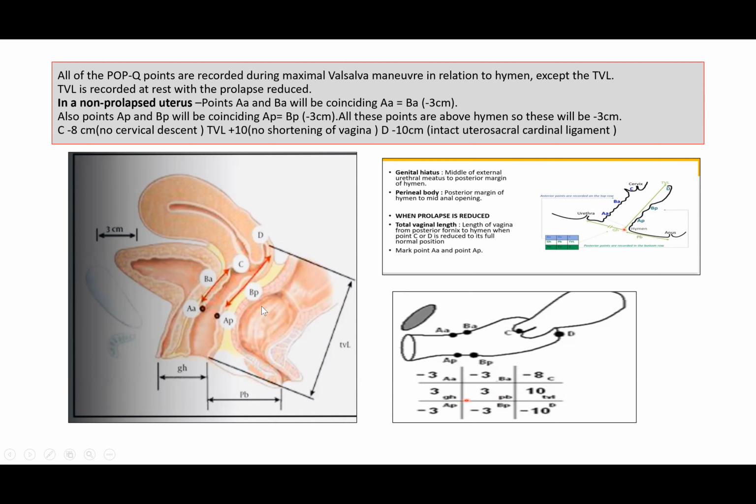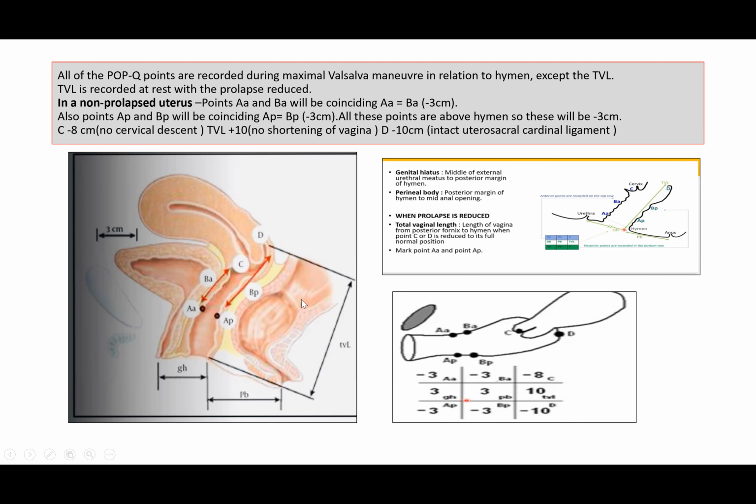Okay, this point C, in a non-prolapsed uterus, is minus 8 centimeter above the hymen. And D is minus 10, equal to total vaginal length.